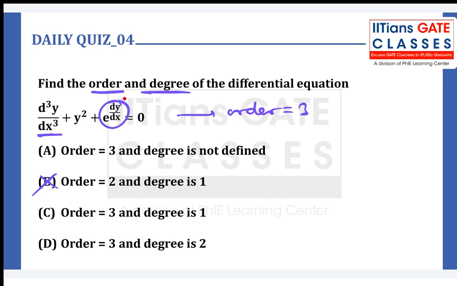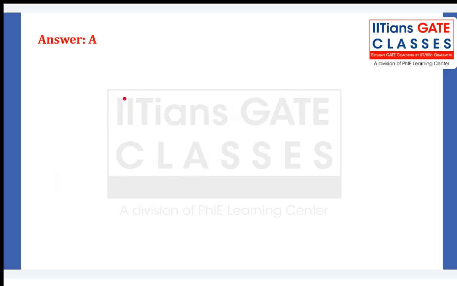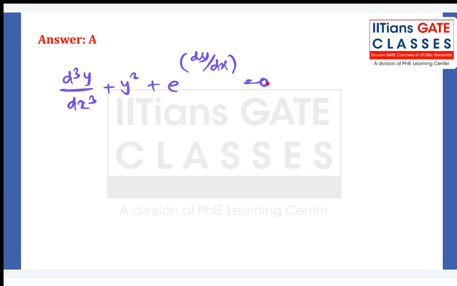see, basically degree is nothing but the power of that highest order derivative term when it is written in the form of polynomial for derivatives or derivative terms.